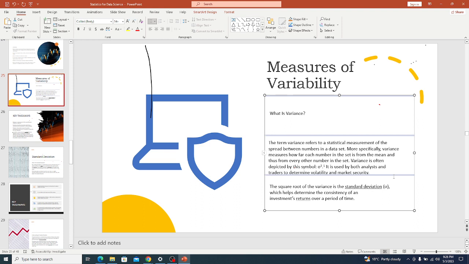Then the square root of variance is the standard deviation, which helps us to determine the consistency of an investment return over a period of time. It gives us the consistency of prices, in terms of an investment, how this investment has returned for the last few years.